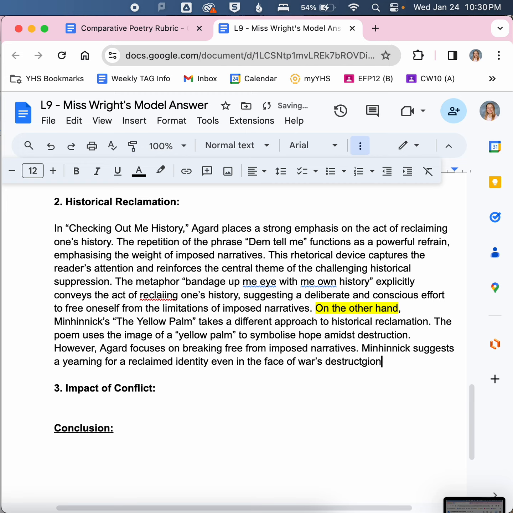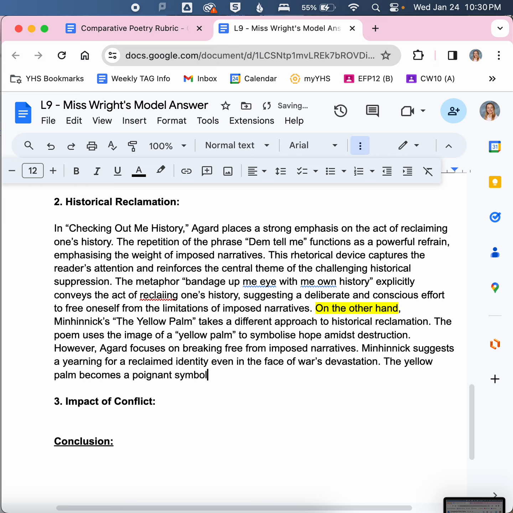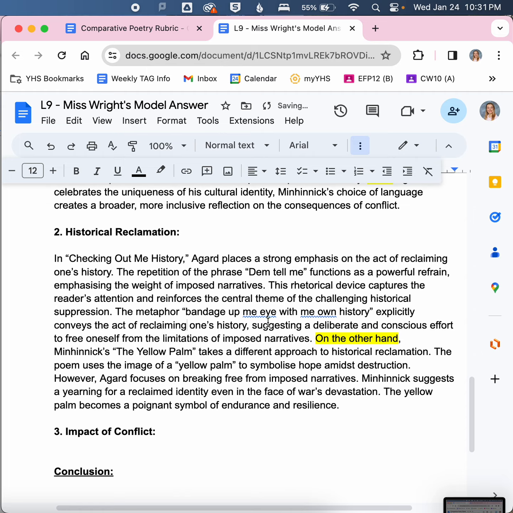Oh, look at my personification there. Okay, so that's my second paragraph.